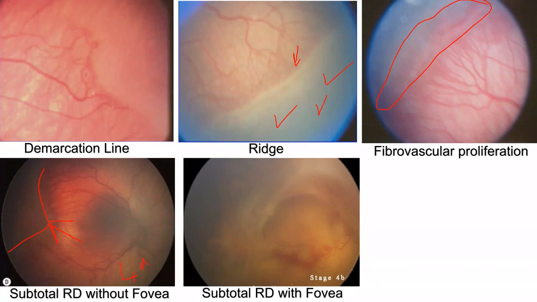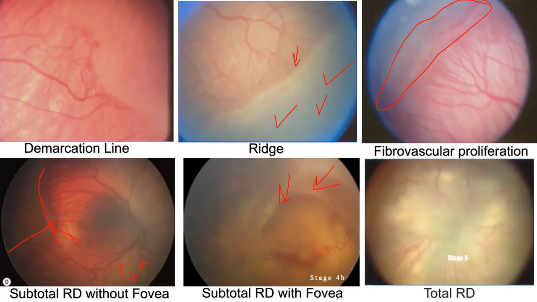If there is a subtotal retinal detachment with foveal involvement, it is called stage 4B. So this is a retinal detachment that unfortunately involves the fovea, so the fovea is detached here. If it becomes total retinal detachment, or total RD, in this case we call it stage 5 ROP.